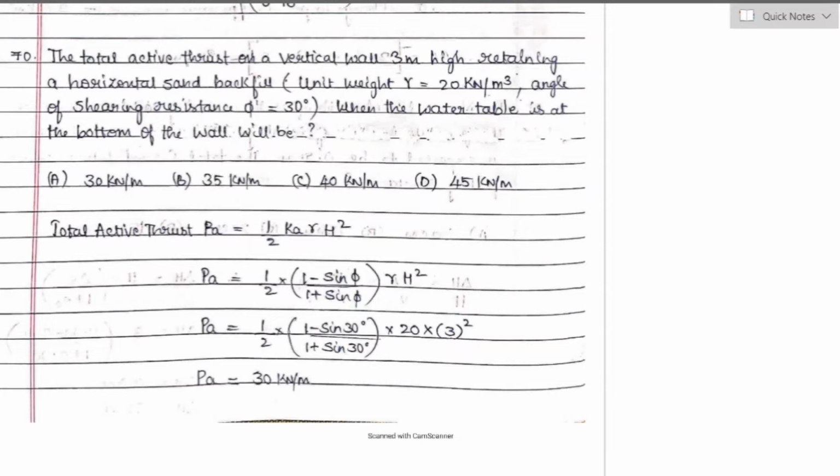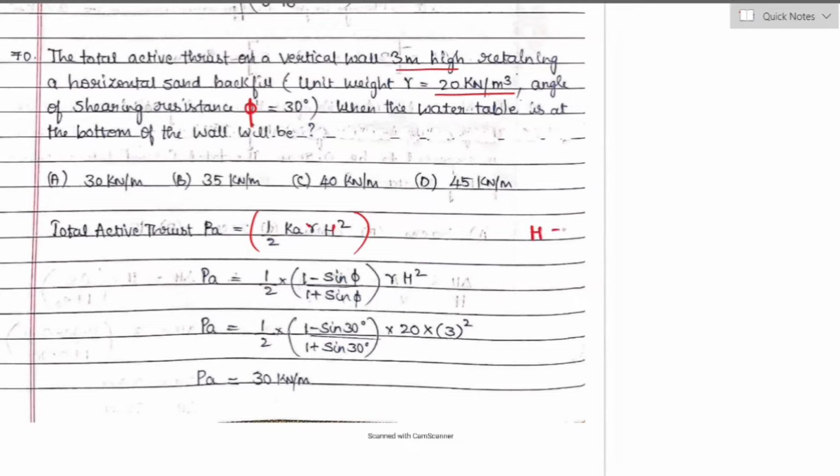Question number 17. The total active thrust on a vertical wall 3 meter high retaining a horizontal sand backfill with a unit weight of 20 kN per meter cube, angle of shearing resistance phi equal to 30 degree, when the water table is at the bottom of the wall, will be. So we have to find the total active thrust, which is given by the formula half times coefficient of active pressure multiplied by unit weight multiplied by square of the total height of the retaining wall.